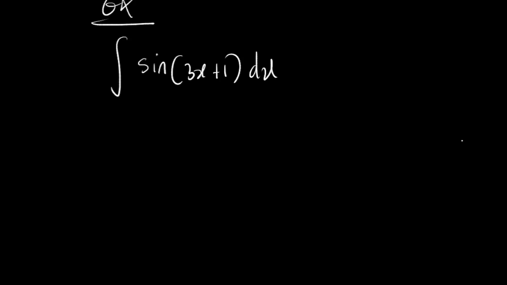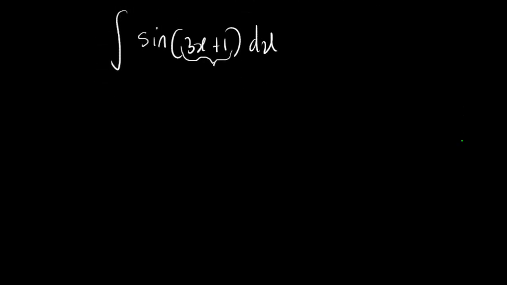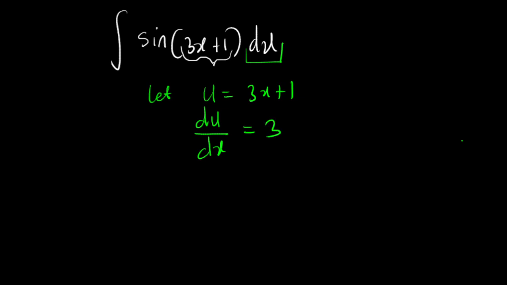Now, what we have inside here, we said the topic is using algebraic substitution. So we are just going to represent it with something. Let me use u. So let u be equal to 3x plus 1. We have dx here, so we have to find a way of changing this dx to du. You will find du dx, which is 3.